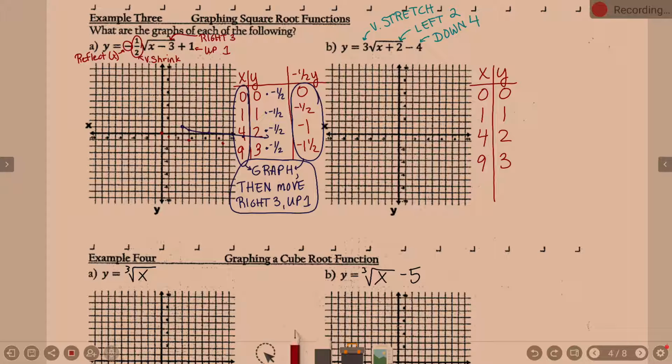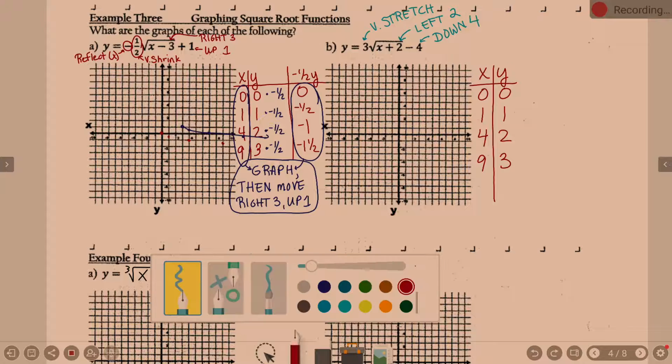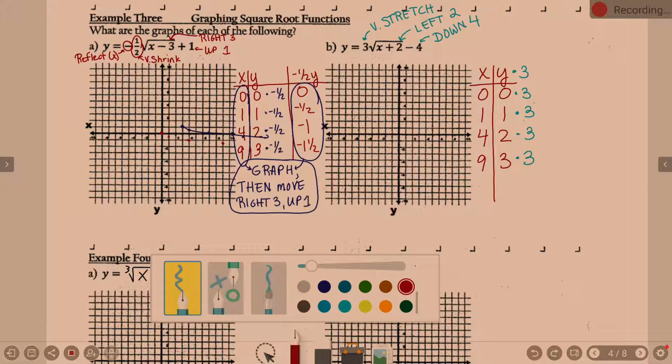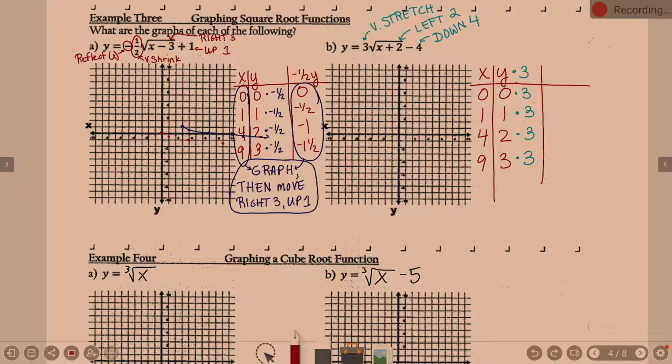Now, a vertical stretch of, what was it, 3? Means I'm going to take my y values and multiply by 3. So kind of like what I showed on the previous one. I'm going to multiply my y values by 3, and I'm going to write those new y values down.